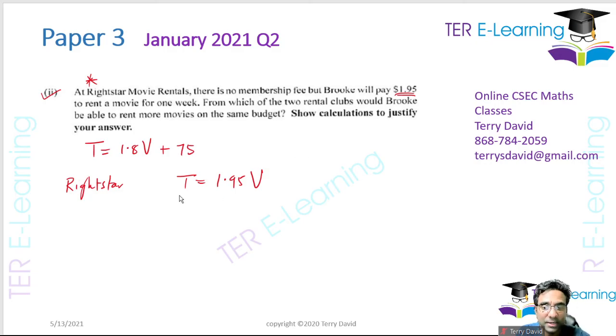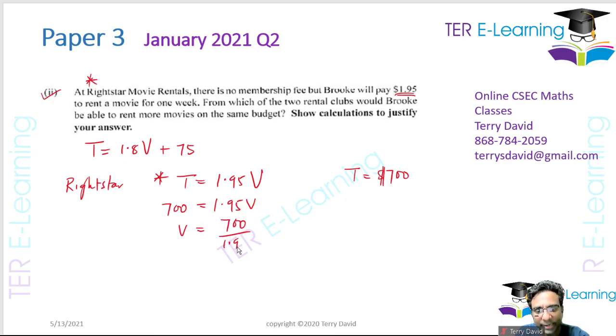So this represents my equation for the total cost. Now again, we're using a budget of $700, so my total cost is $700. All you're going to do is plug in $700 into this new equation, 1.95V. So V is equal to 700 over 1.95.